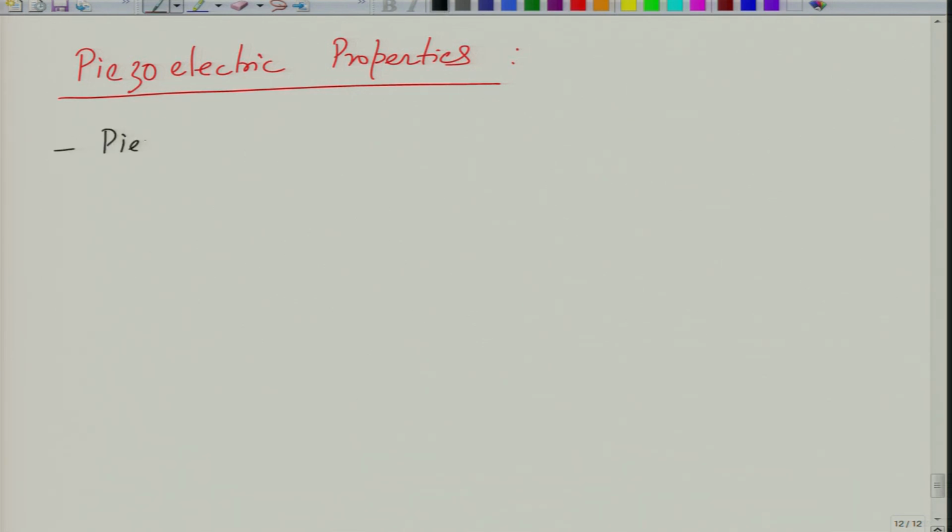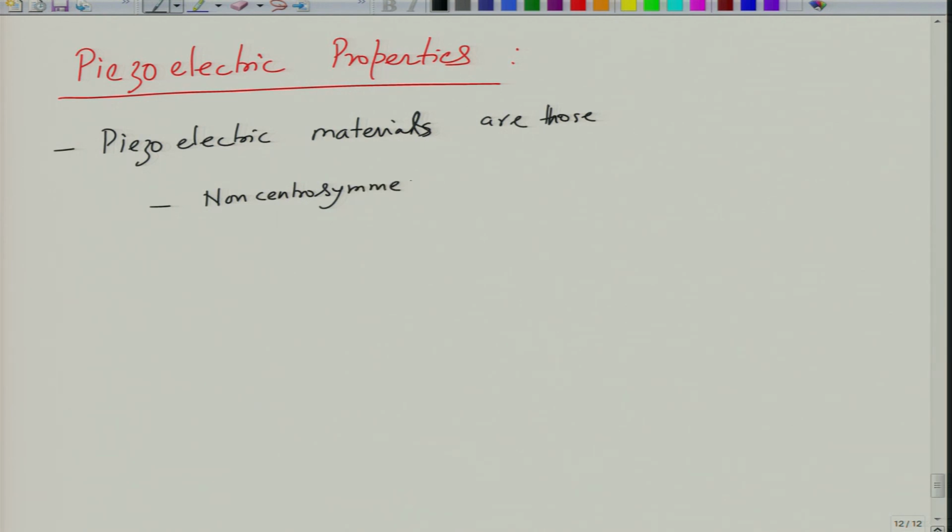Piezoelectric materials are those which are, first of all, non-centrosymmetric. Among crystal classes, there are certain classes which are centrosymmetric, and there are certain classes which are non-centrosymmetric. Non-centrosymmetric means they are lacking a center of symmetry.